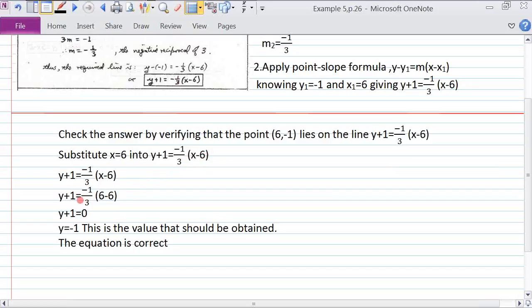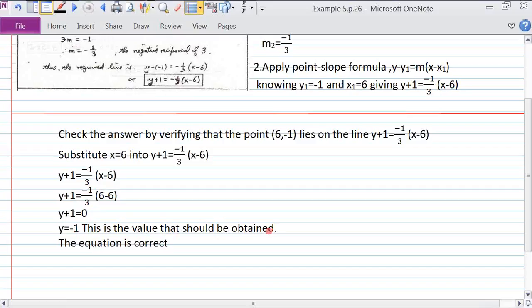And when we do that, for the x, we substitute the 6 right here. 6 minus 6 is 0. So 1/3 of 0 is 0. So y plus 1 is 0. And y equals minus 1.